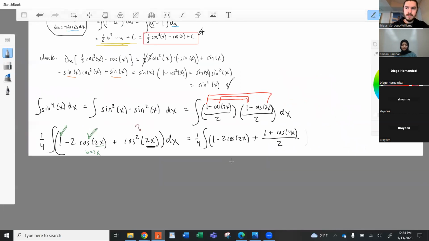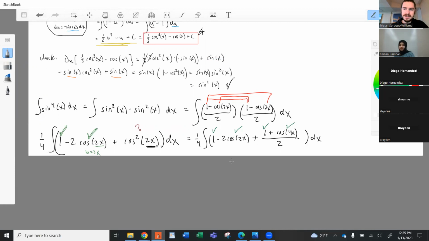And now we can easily integrate this: the 1/2 term, here's another constant, and then cosine of 4x with u equals 4x. So it's about applying trig identities until you get down to something that you can integrate fairly easily with a substitution.